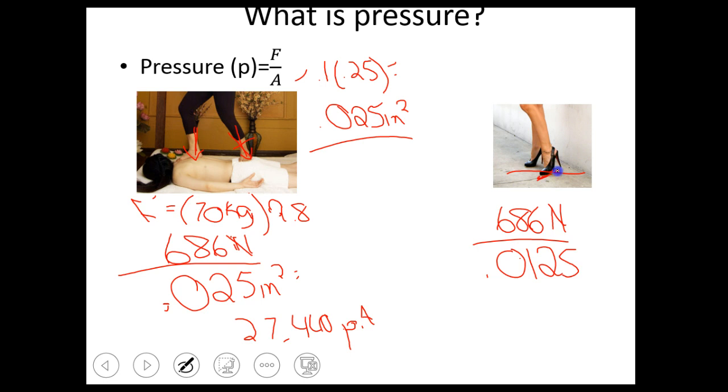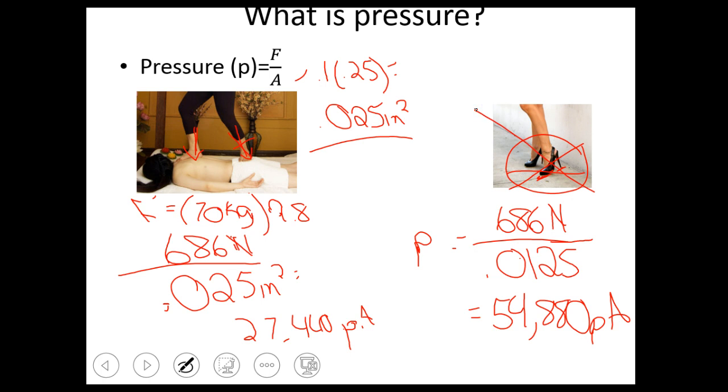There's this little tiny front part, and there's this little tiny back part. And so what's going to happen to that overall pressure? Well, when you do that division, you'll find that the overall pressure goes up as area goes down, and so we wind up with 54,880 pascals. And so if you ever go get a massage like this, do not let them wear stilettos. Way more pressure that way.